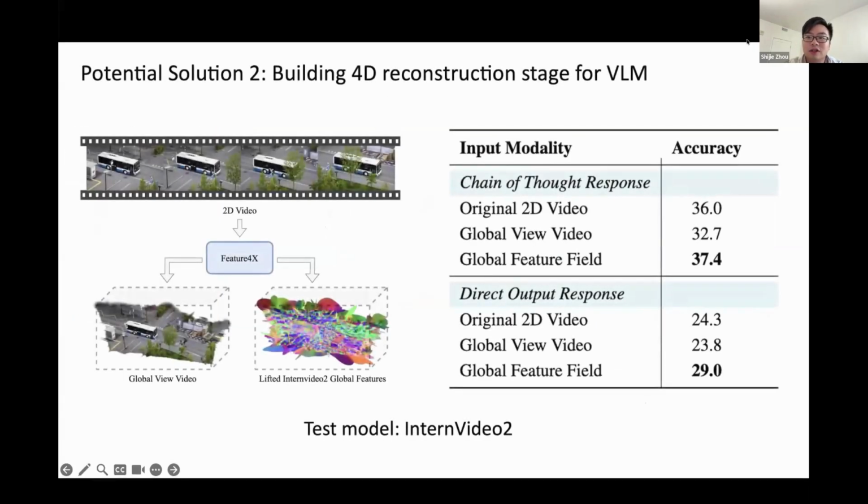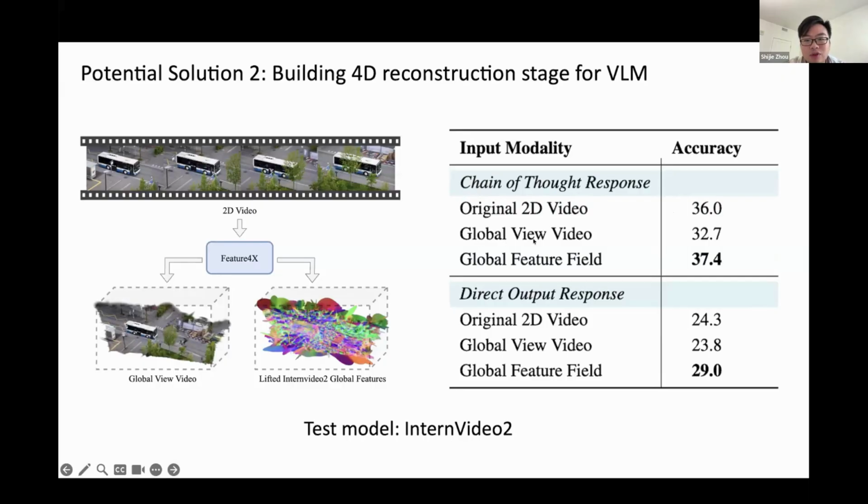So let's see the improvement here. This is an experiment based on the test model InternVideo2. We apply the chain of thought response, and we see that if the input modality is the original 2D video, it's around 36% accuracy.